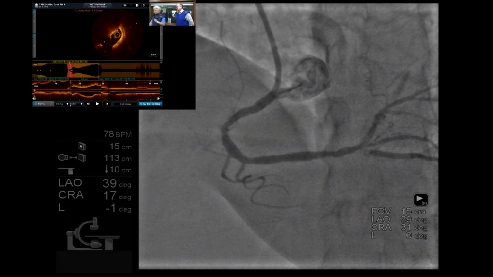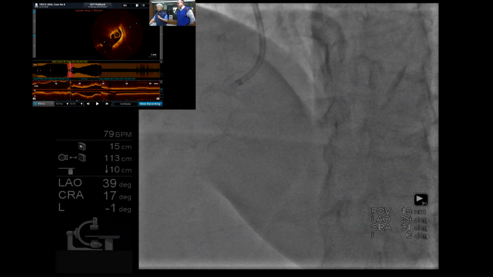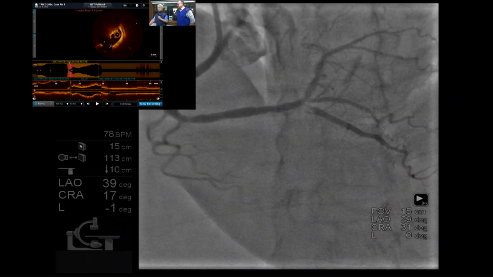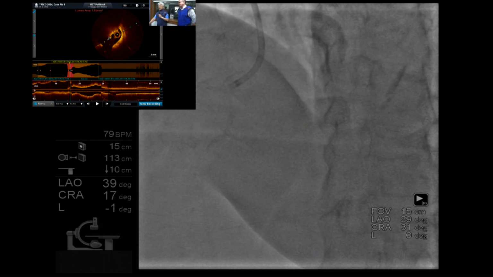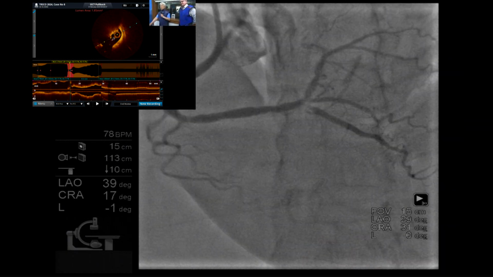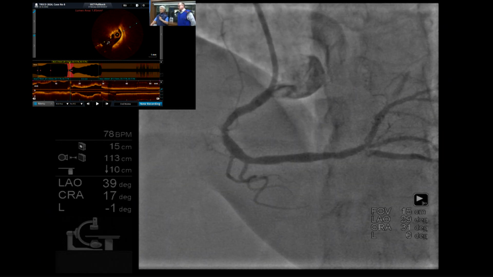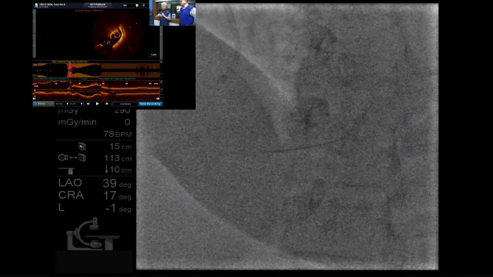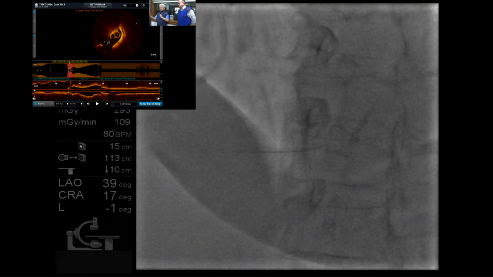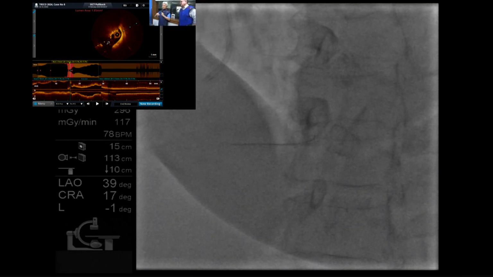Yes, sometimes it might be very difficult, but I think in this case it's quite easy to do the rota. But if the wire is a little bit opposite, sometimes we try to select orbital atherectomy, or a pull back way or push manner.